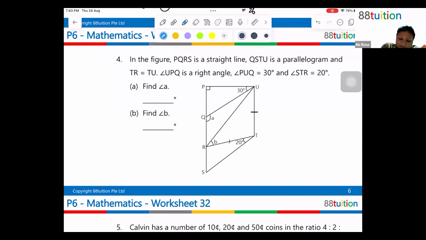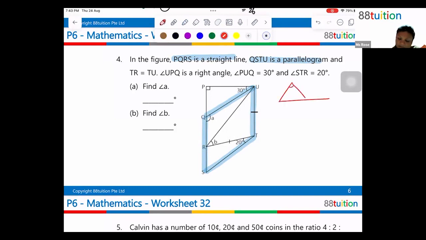Okay, so they tell us PQRS is a straight line and QSTU is a parallelogram. Now, the moment they say it is a shape, I would encourage you to highlight it. When you highlight it, you know where you are heading. Now, do you remember this property?